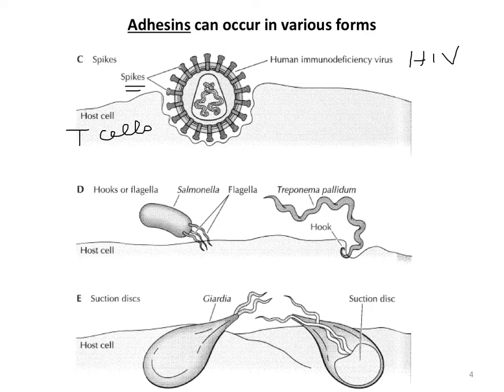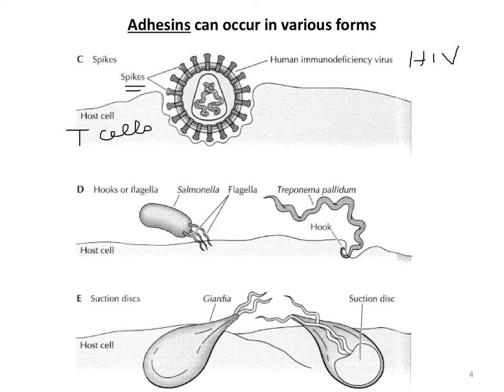In part D, we see an image of Salmonella bacterium and Treponema pallidum bacterium. Salmonella includes several species that are common causative agents of foodborne illness, and Salmonella use flagella both to locomote around and also as adhesins, allowing them to attach to the epithelial cells lining the human gastrointestinal tract.